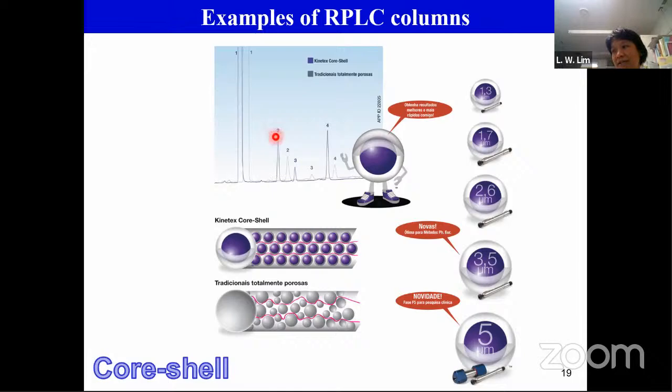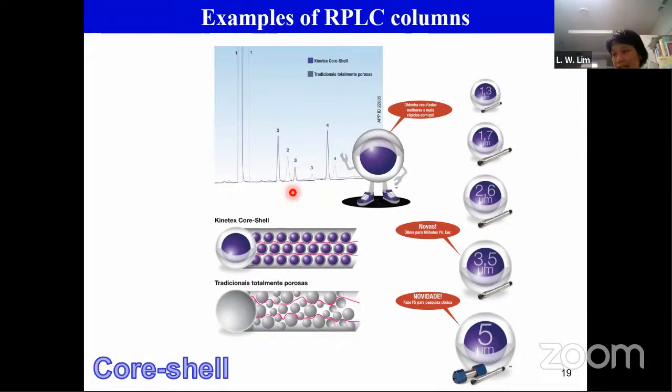If you compare number 2 here, the traditional totally porous column has broader peaks, and likewise number 3 and number 4. So by using core shell, the resolution as well as the sensitivity is improved.